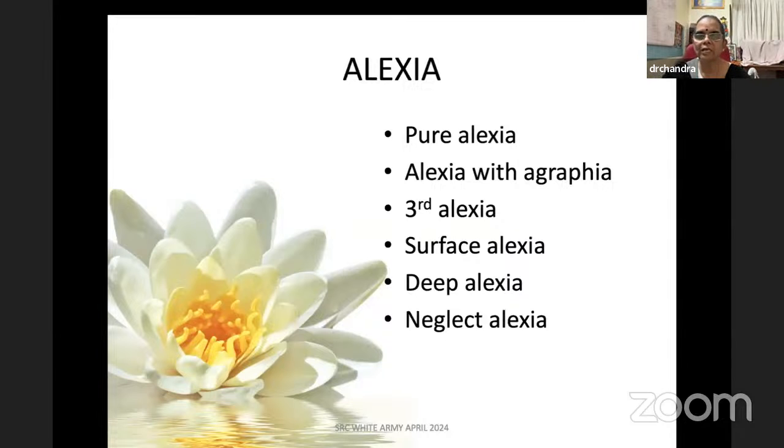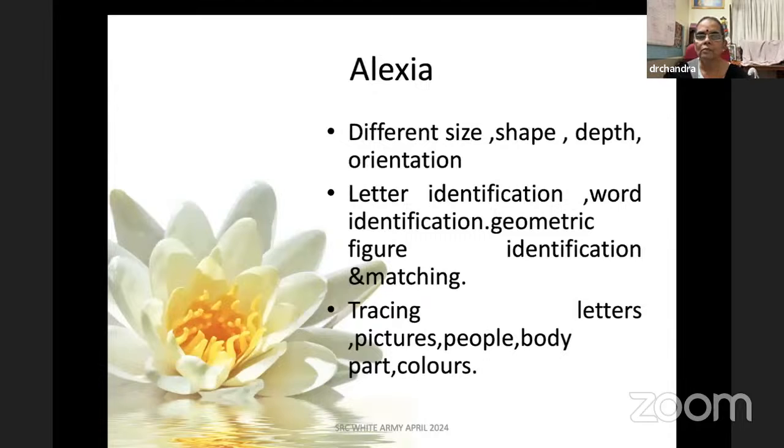And when this is failing, you can have pure alexia, you can have alexia with agraphia, you can have third alexia, you can have surface alexia, you can have deep alexia, and you can have neglect alexia. What is pure alexia? You can test differentiation of size, shape, depth and orientation, and see whether the patient is appreciating that.